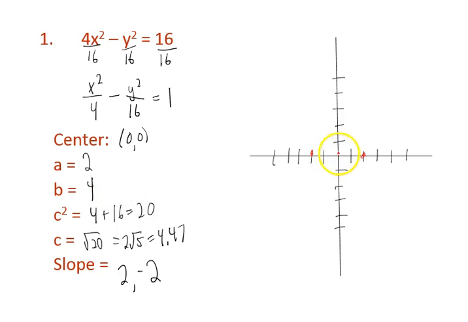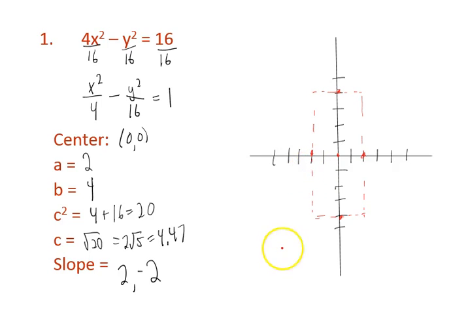And the 4, from the center, I'm going to go up 4 and down 4. And then I want you to make a box that goes through those. That box is not going to actually be your hyperbola, but it's going to help shape everything that you do. So we make this box through those points.